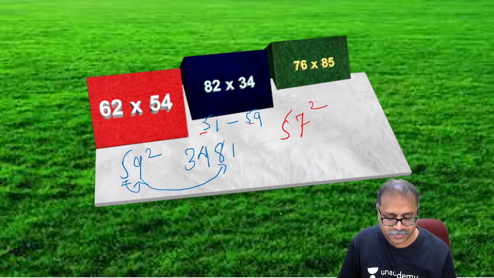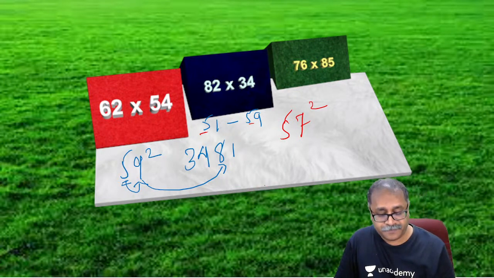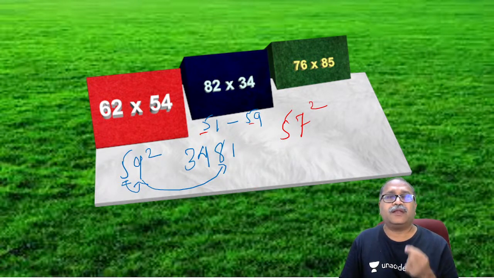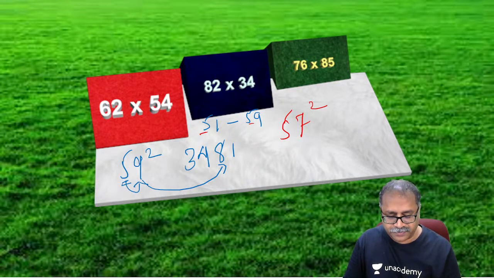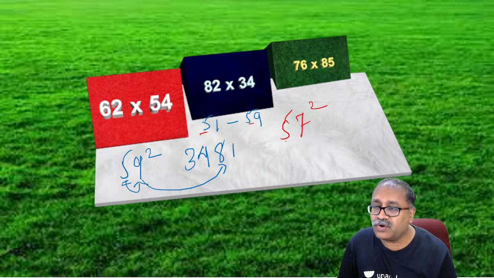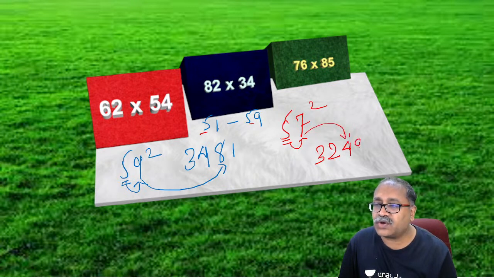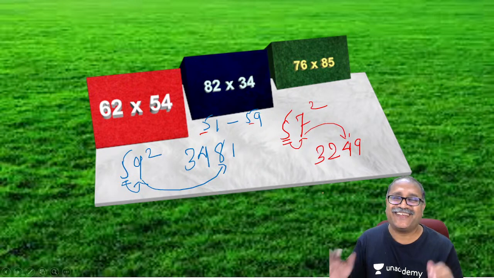I'm just waiting for your response. The relay takes a few seconds to reach you. Oh, you did it already. That's great. Wonderful. So 5 square is 25, and 25 plus 7 is 32, followed by 7 square, which is 49. That's all. Wonderful.